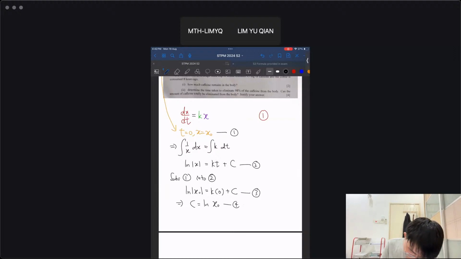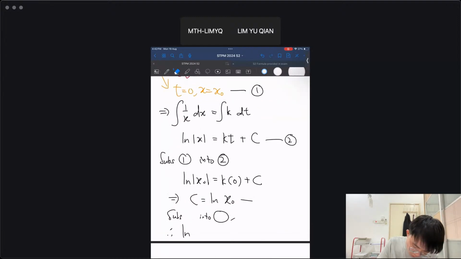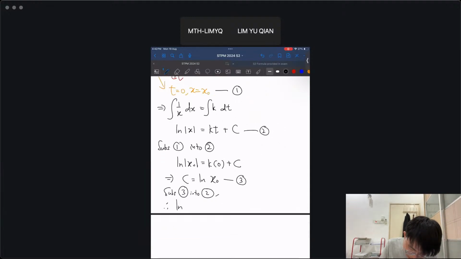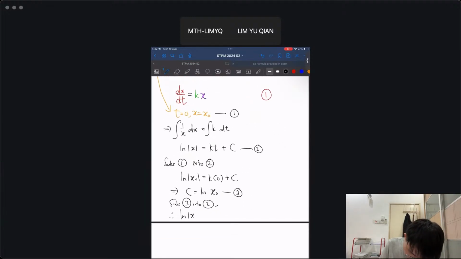So substitute equation 4 back into equation 2, not equation 3. So ln x equals kt plus ln x0.